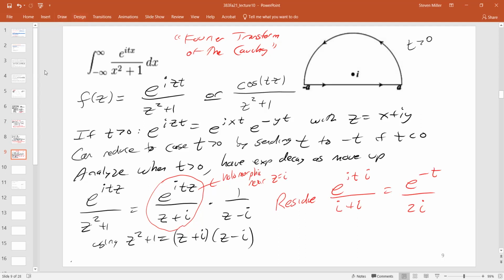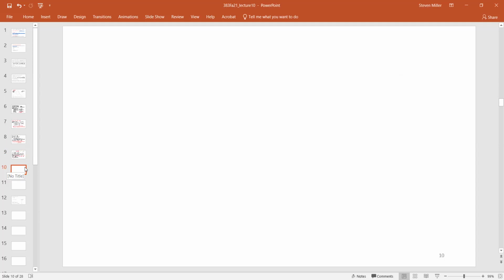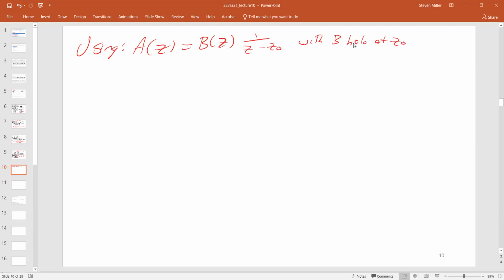And so the result we're using is the following. Let's say we have a function a of z is b of z times 1 over z minus z naught, with b holomorphic at z naught.